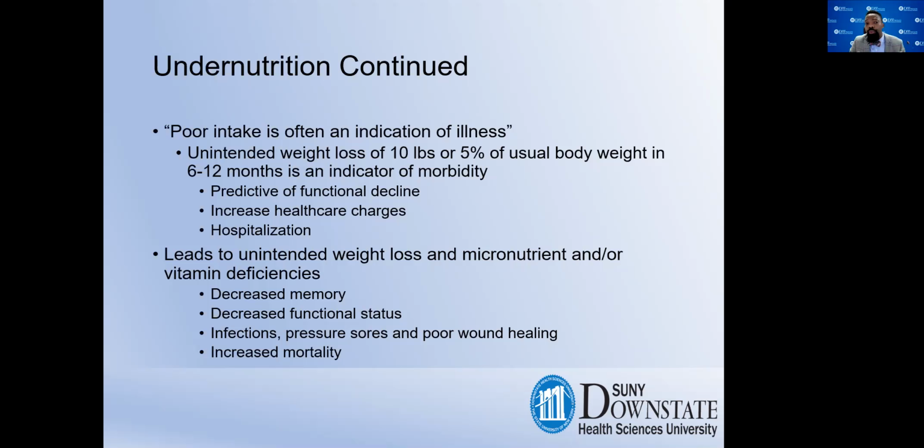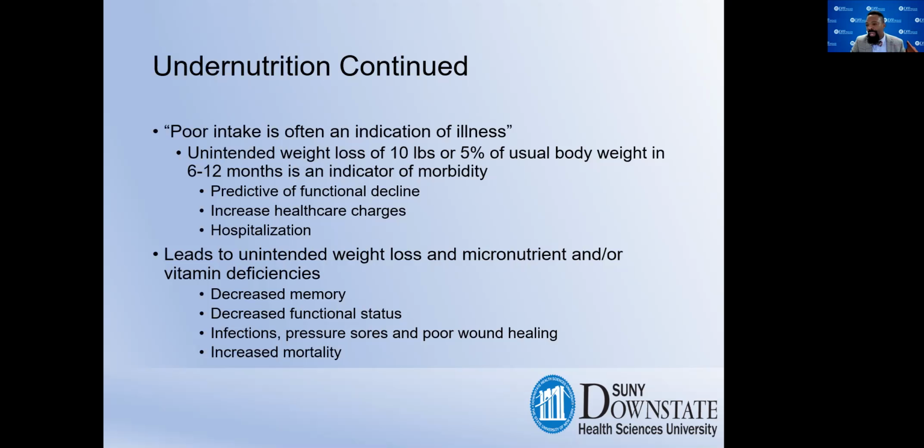Undernutrition or poor nutrition leads to unintended weight loss. And along with unintended weight loss is the micronutrient deficiency and the macronutrient deficiency, in the case of B12 deficiency, which is very common in a lot of older adults, right? It leads to a decline in cognition, decreased memory.